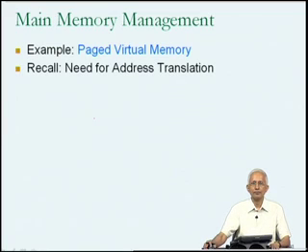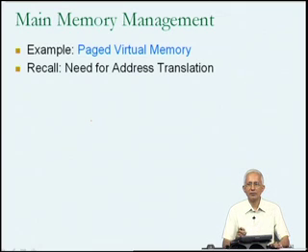Okay, now let me just remind you that we have seen that there is a need for address translation. Where did this need arise from? We saw that on any one particular computer system, there could be many programs in execution.